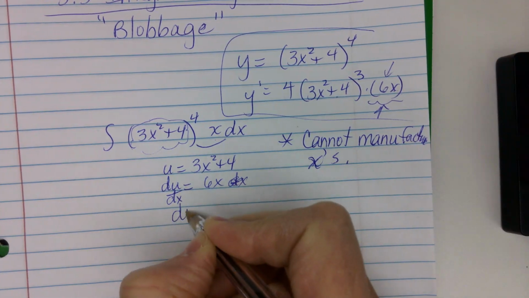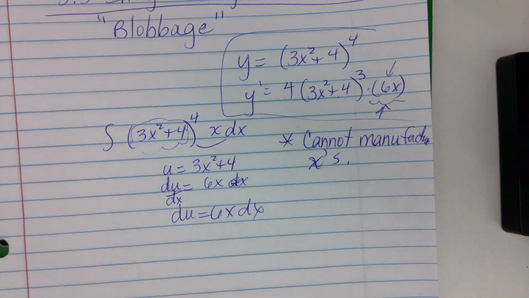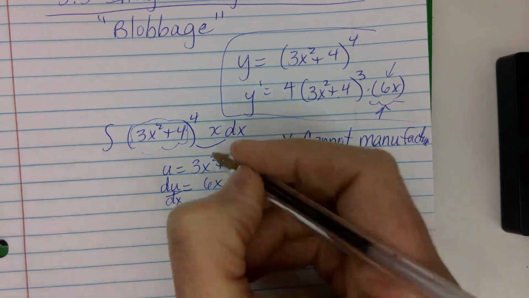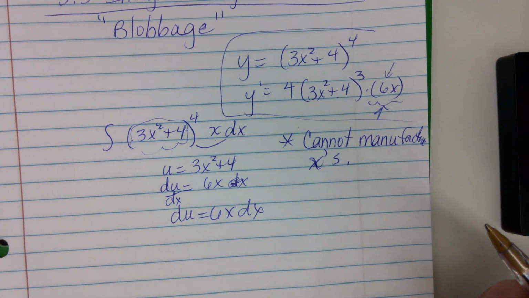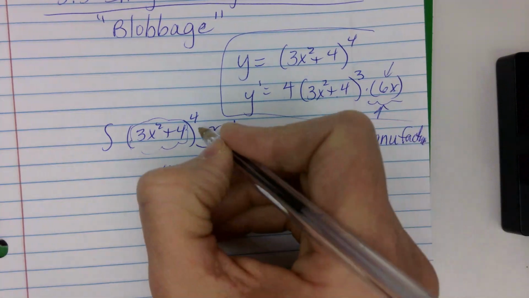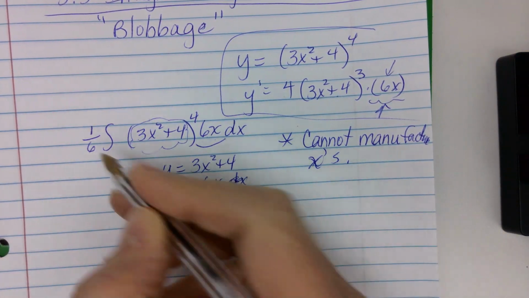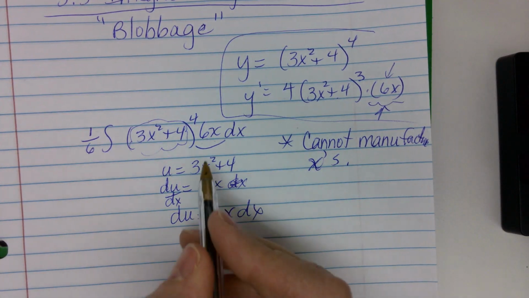So then du is 6x dx. Well, how close are we to 6x dx? 6 away. Multiply by 6, and therefore 1/6, and we are multiplying by a fancy form of 1. And that makes it legal.